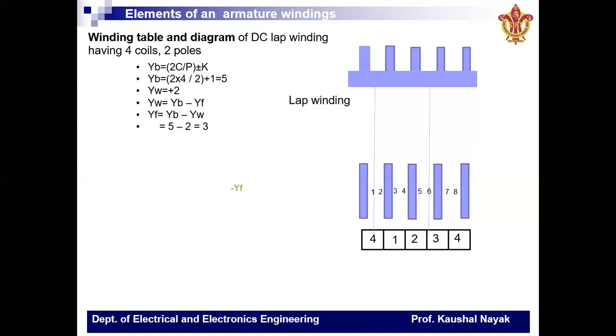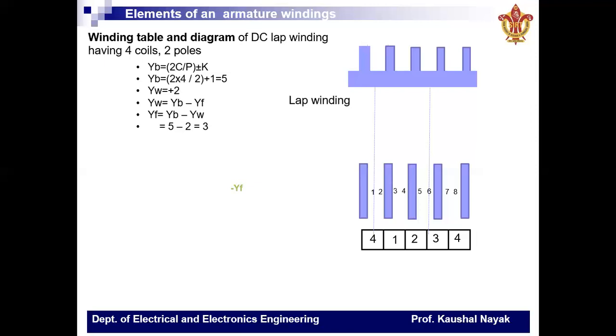As we know that in commutator machines, all the coil sides are double layered and divided into top layer and bottom layer. Top layers are always numbered odd and bottom layers are numbered even.